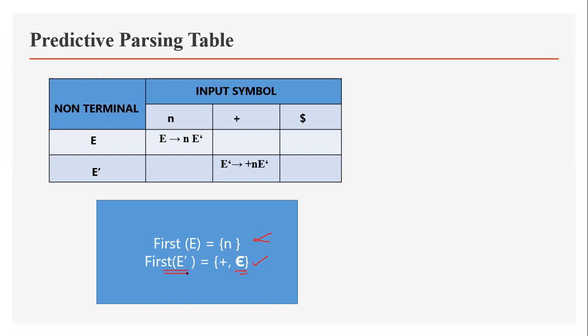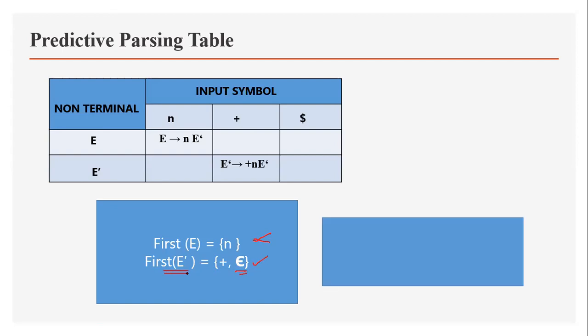That means we have to find follow of E dash, which is dollar. So E dash on dollar, you insert E dash derives epsilon. This is how to fill this table.